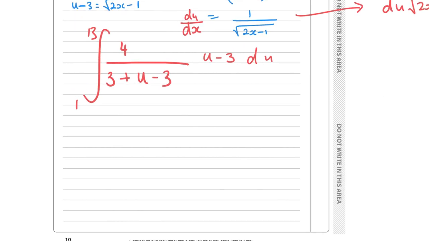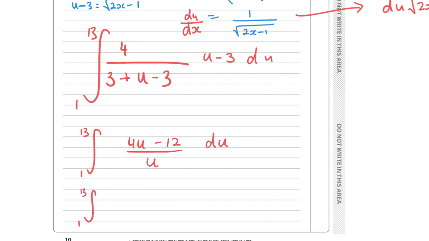So here we have it. The integral of 13(1). I'm going to have 4u minus 12 over u with respect to u. Now, before all of you start learning this, let's get this fraction simplified.